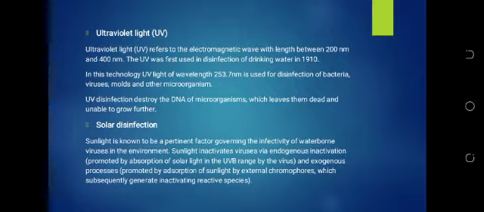Solar disinfection. Sunlight is known to be a potent factor governing the infectivity of waterborne viruses in the environment. Sunlight inactivates viruses via endogenous and exogenous processes.